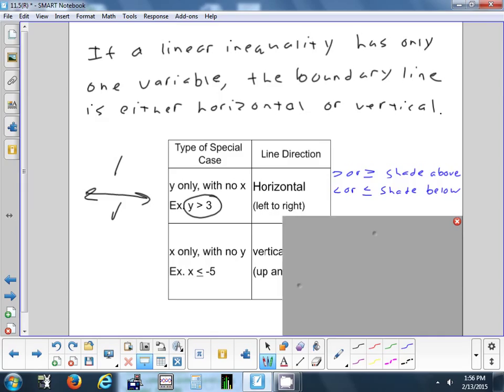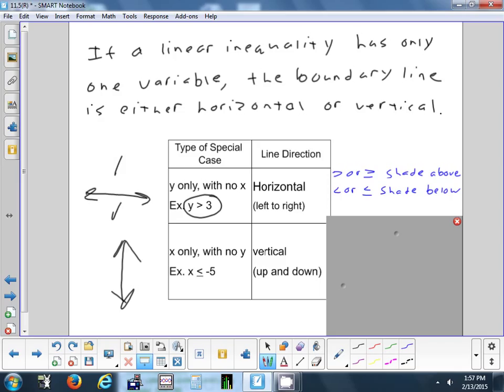But look at vertical. This is a different case. When you get X by itself, X, symbol, and then a number, there's no Y, just X. Would it make sense to say above and below on a vertical line?